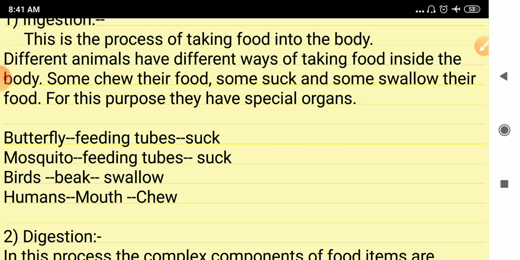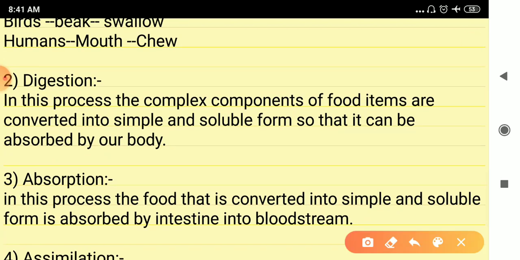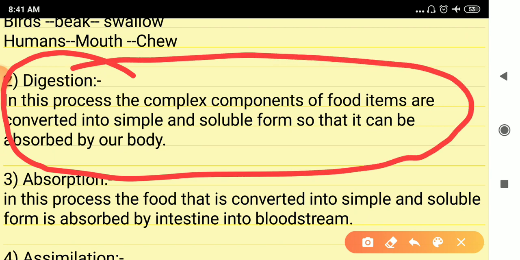The next step in the process of nutrition is digestion. And what is digestion? Digestion is the process in which complex components of our food items are broken into simple and soluble form so that they can be absorbed by our body.